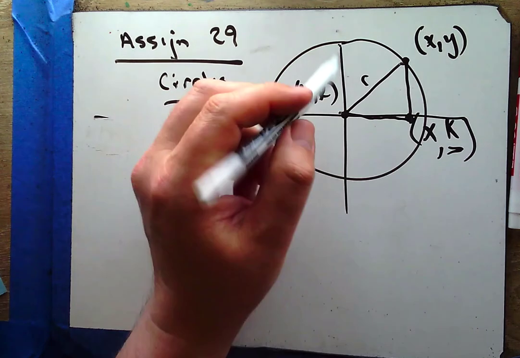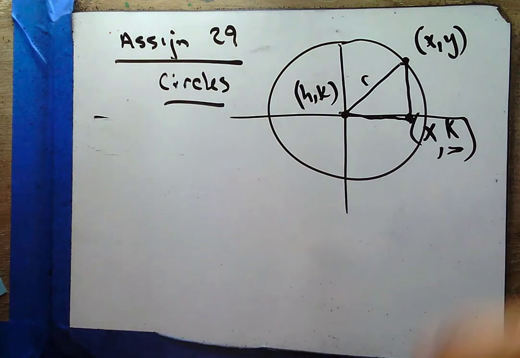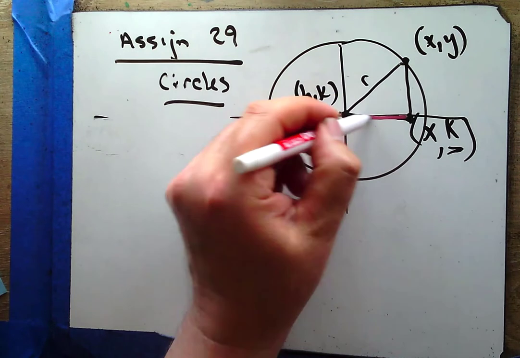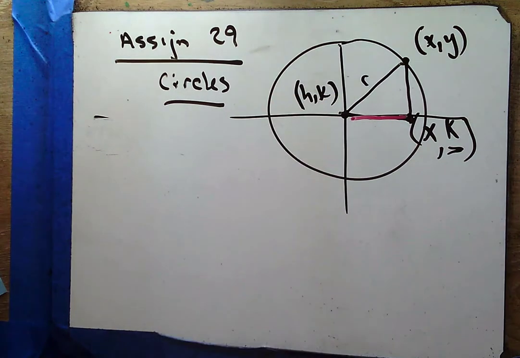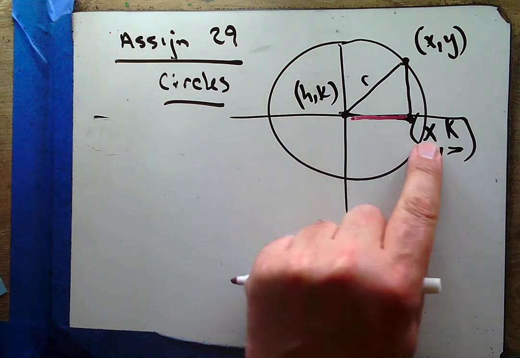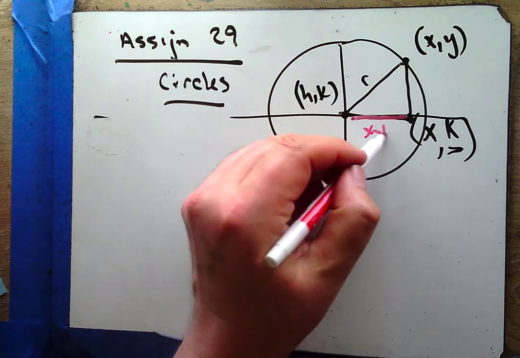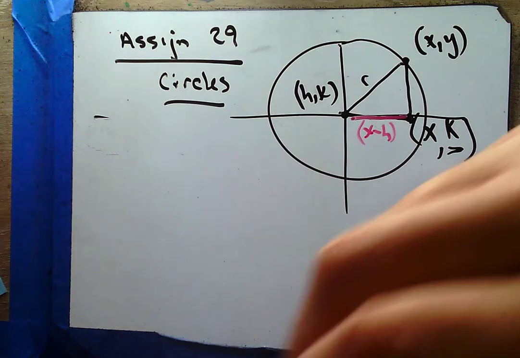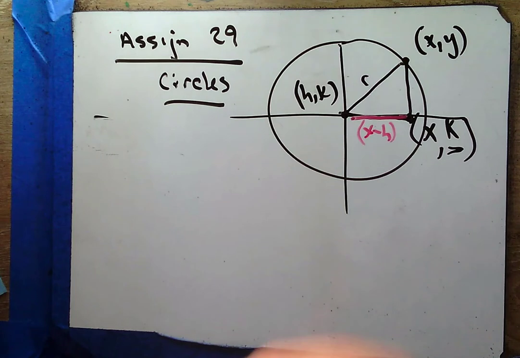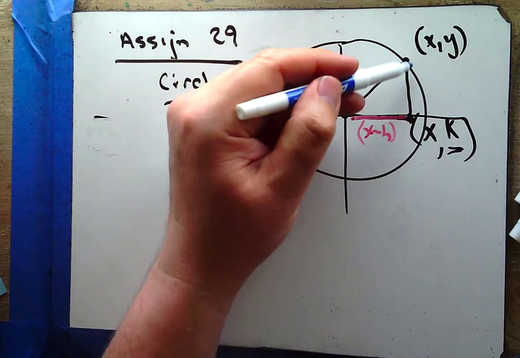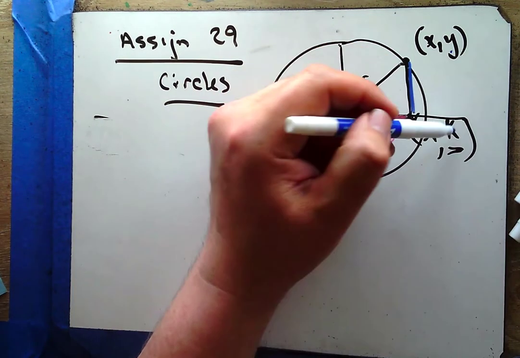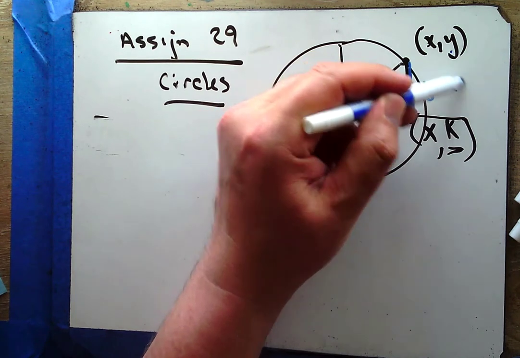Okay, so then, like we did yesterday, or in the last video, what's this length going to be? It's going to be this minus this, x minus h. And what can we say about this side length over here? Well, that's going to be this minus this, y minus k.